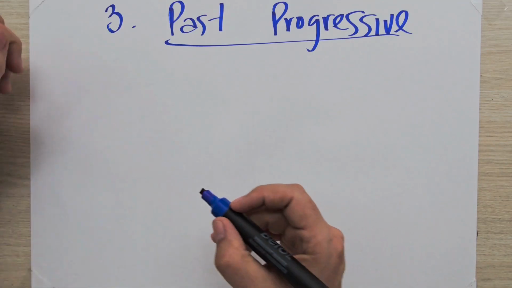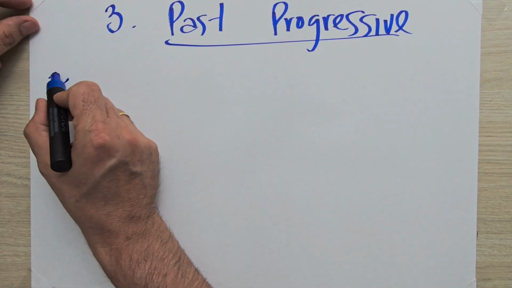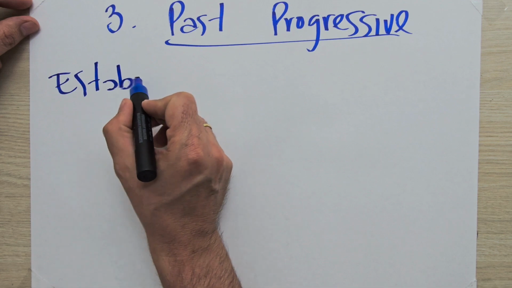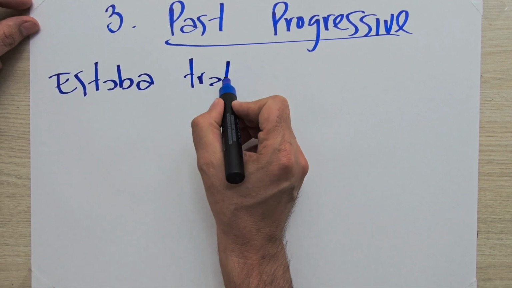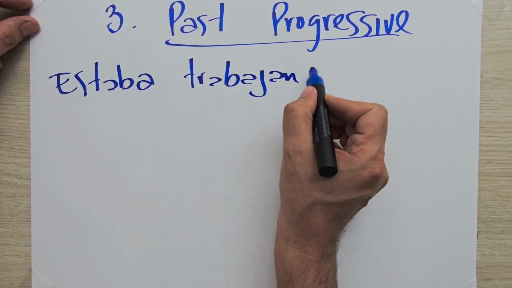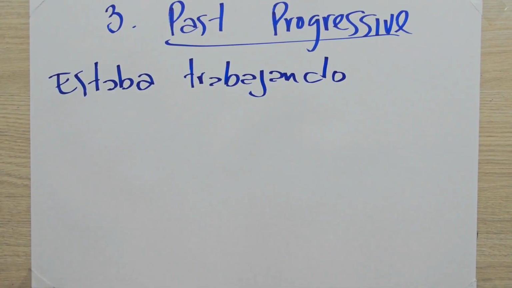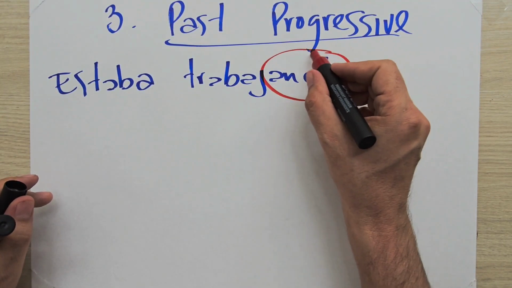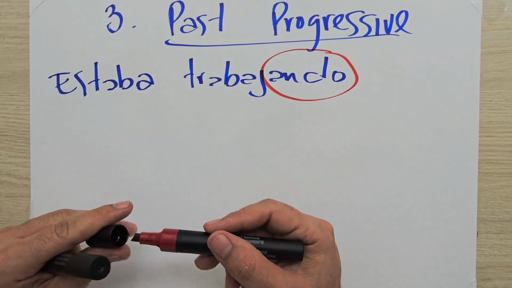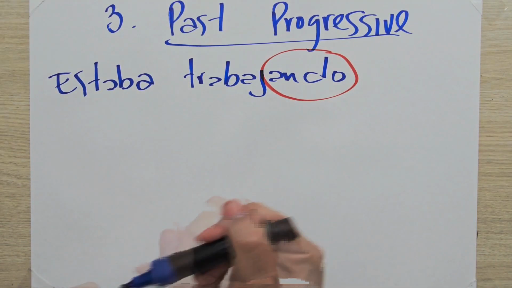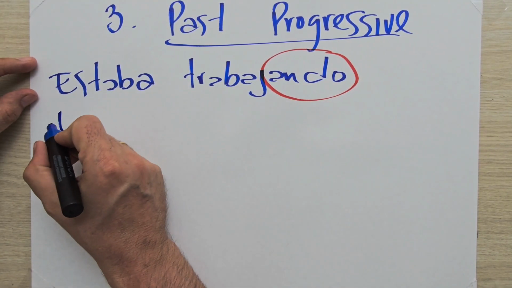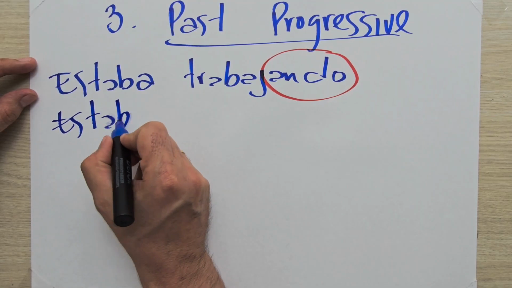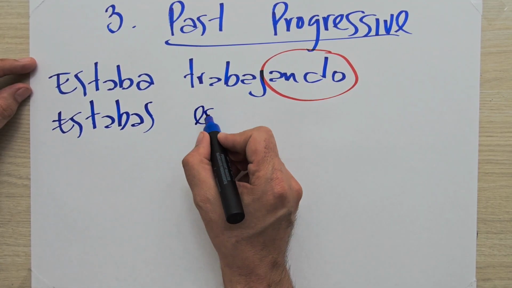Let's see some examples. Estaba trabajando. I was working. Trabajando, because it's trabajar, an AR verb. Estabas estudiando.